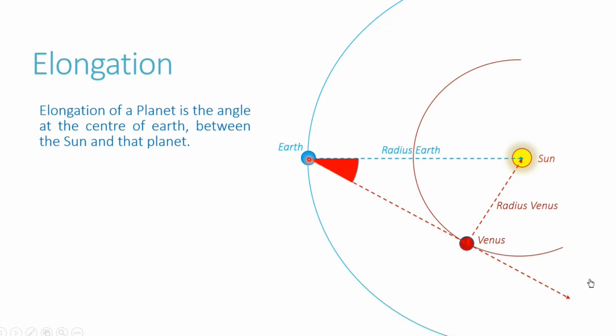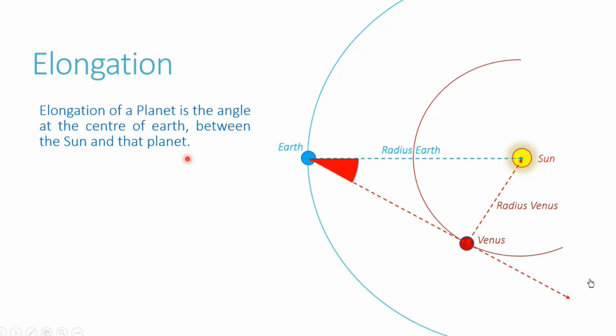So from the center of the Earth, a line joining the center of the Sun and a line joining the center of the Venus, angle between those two lines is the elongation. So angle at the center of the Earth contained between the Sun and that particular planet is known as the elongation of that particular planet.